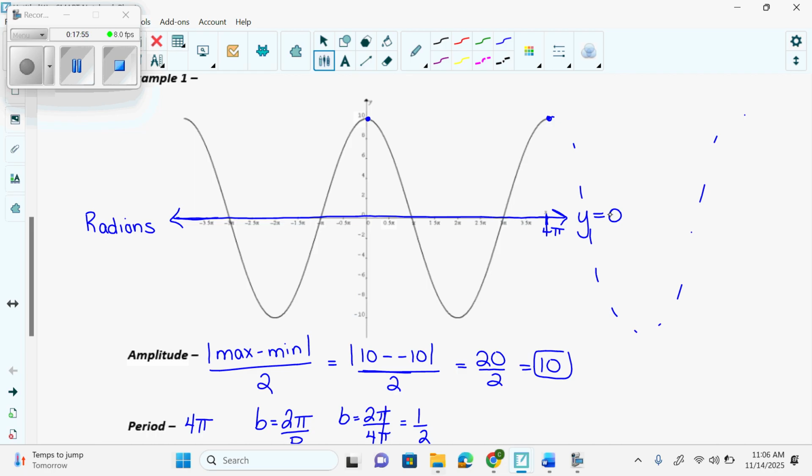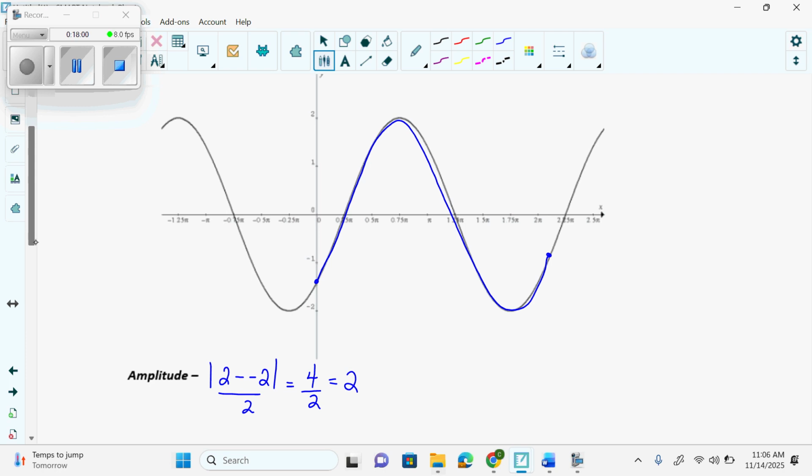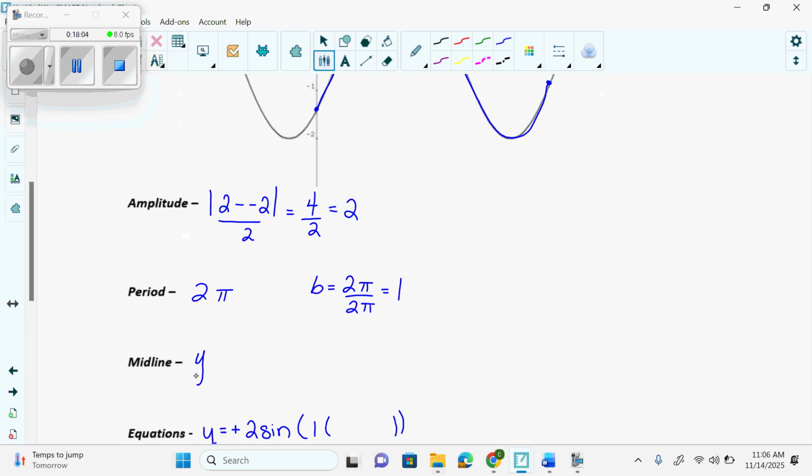Okay? We'll go ahead and do the next one. So our d is going to be max plus min divided by 2. So y equals, don't forget the y equals or it's not a midline. It's a mid something, I don't know what, but it's not a line. So it's y equals 2 plus negative 2 divided by 2, which is 0 over 2, which is 0.